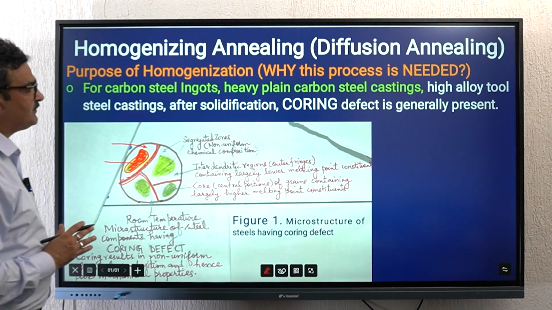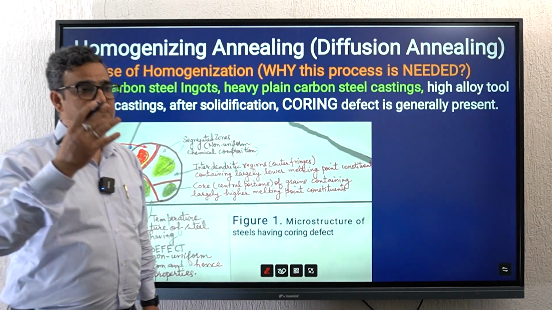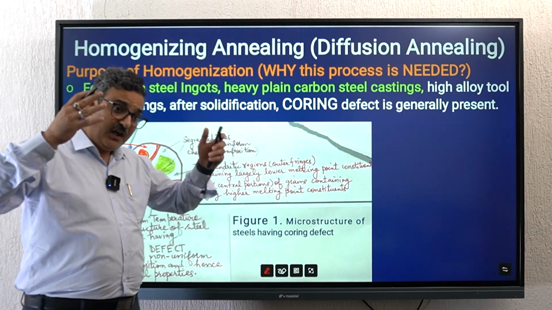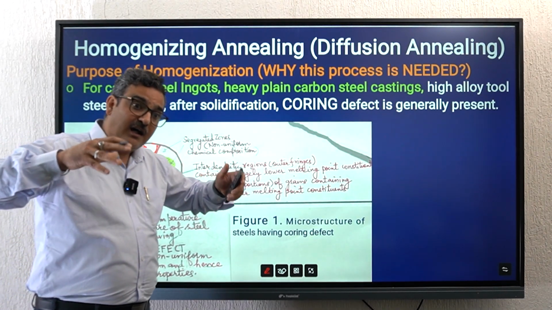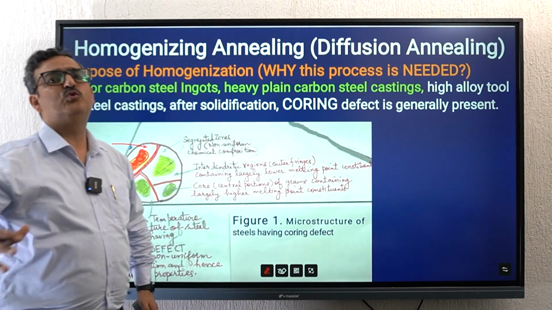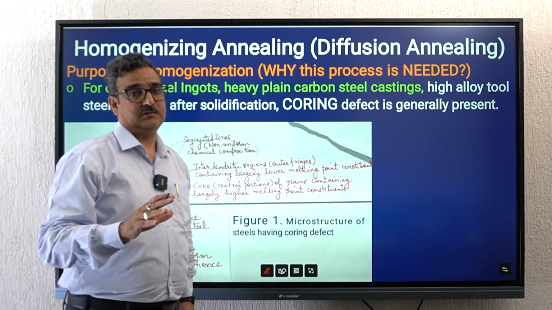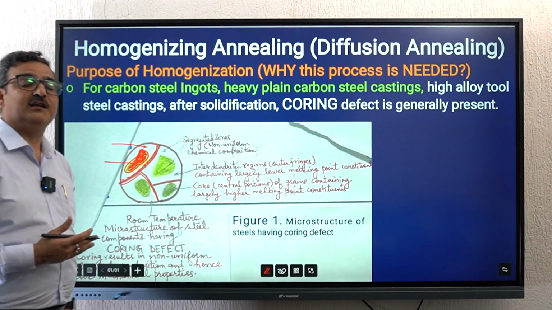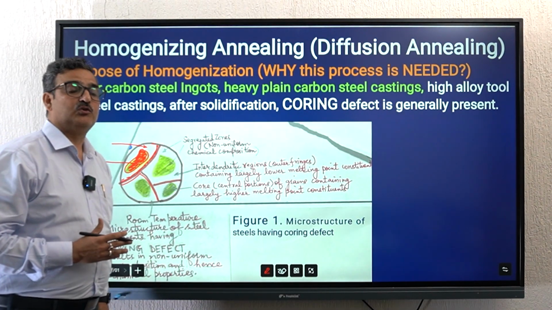Particularly, students, in case of steels, if you have taken ingots, steels in the form of ingots, the basic raw form in which the steels are manufactured, and if there is a heavy plain carbon steel casting, or if there is a highly alloyed steel casting, during their cooling, diffusion generally is not able to complete, right? And coring occurs. This non-uniformity in chemical composition occurs, because of which mechanical properties are not good.